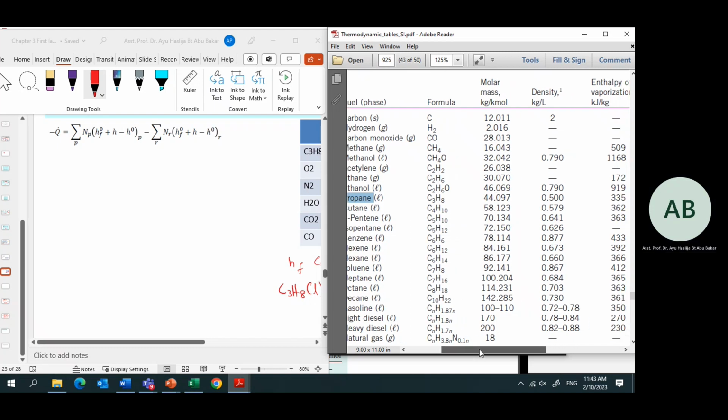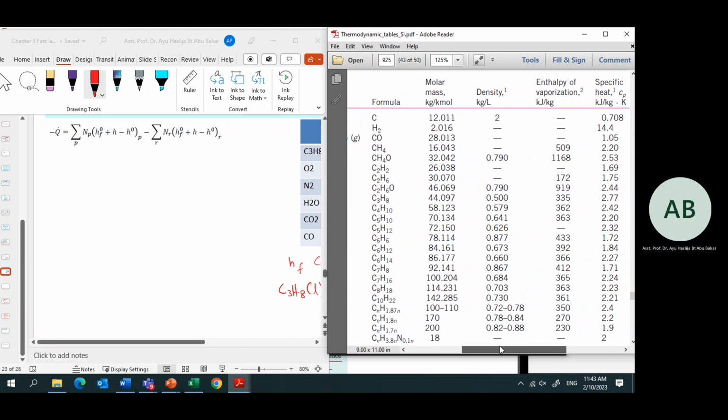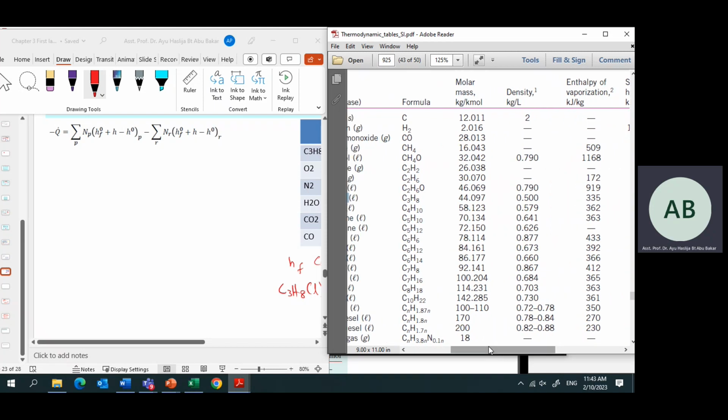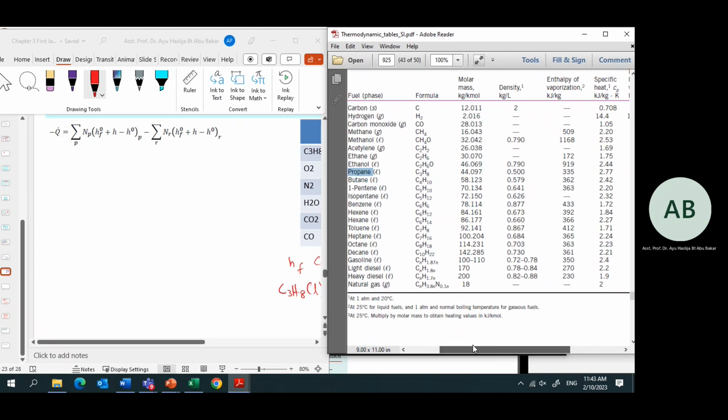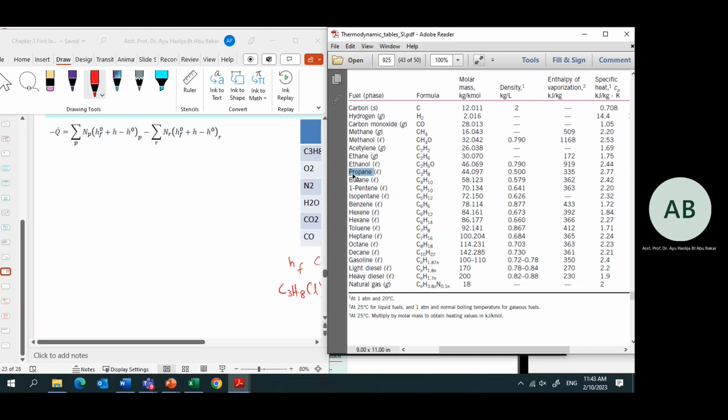The HFG is the enthalpy of vaporization. So this figure 335 is the HFG. This is the M. M is the molar mass.